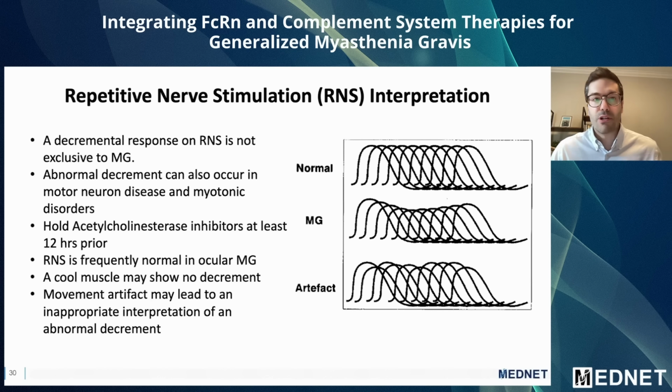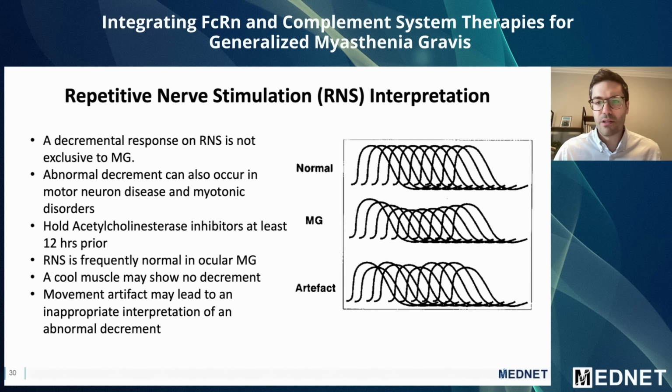Now, the interpretation of RNS is very important because there can be lots of different things that can lead to an inaccurately interpreted result. First, I want to talk about how the decremental response on rep-stim is not exclusive to MG. This can occur in other disorders like motor neuron disease and myotonic disorders. So again, you have to take it into the clinical context and with your physical exam.